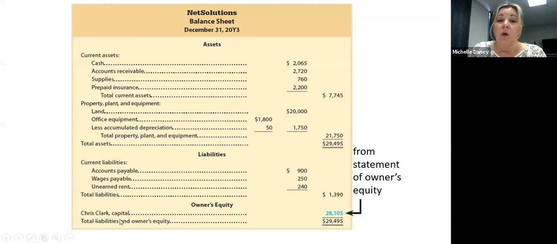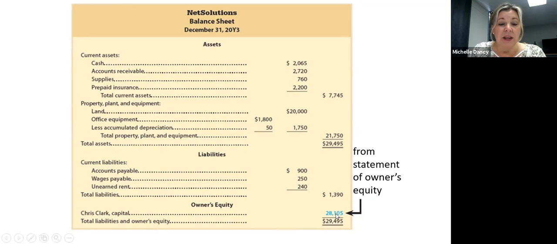Capital. Just like before from chapter 1, we will always only have one number under capital, and that is our answer, our ending capital from our statement of owner's equity. So that's 28,105. So assets, 29,495.